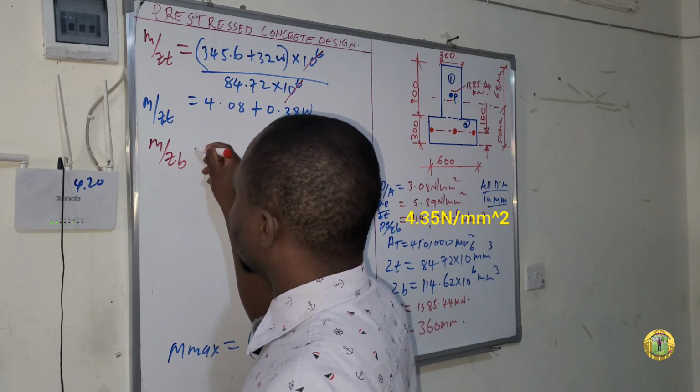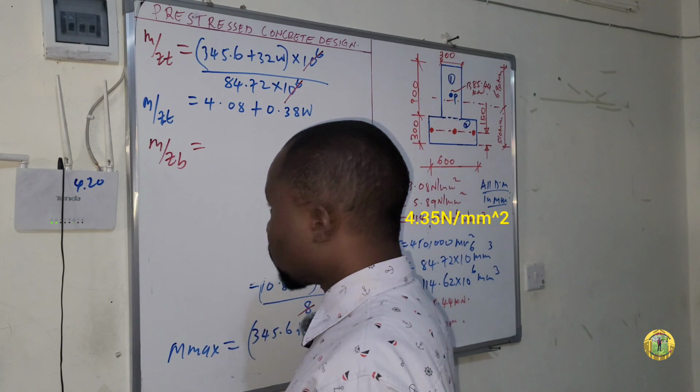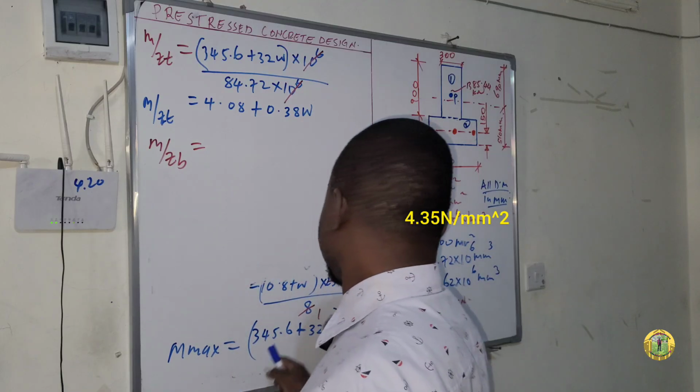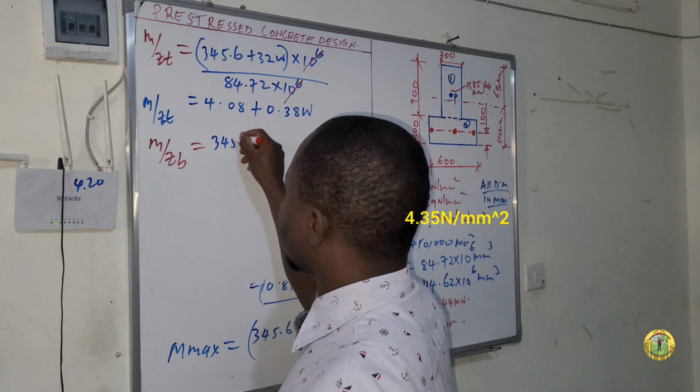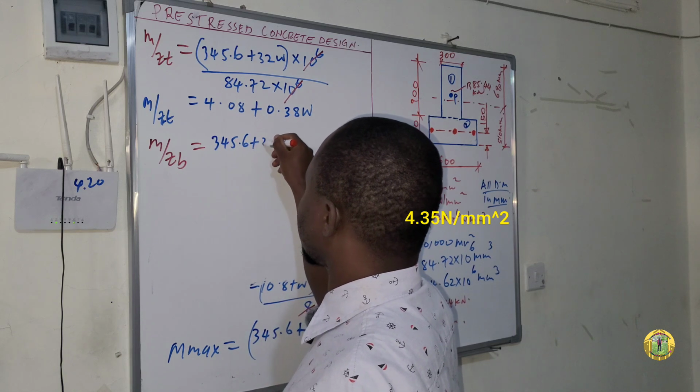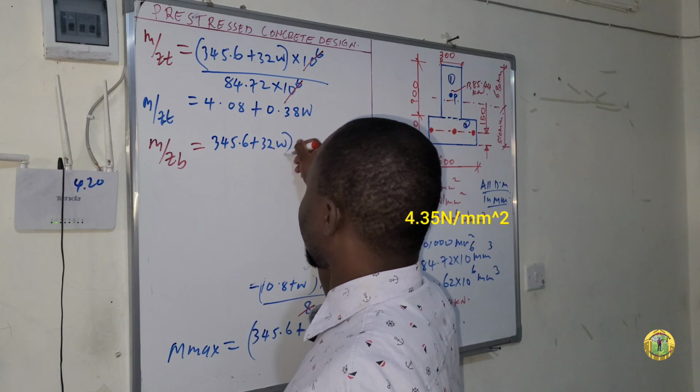So our M remains the same, 345.6 plus 32W.